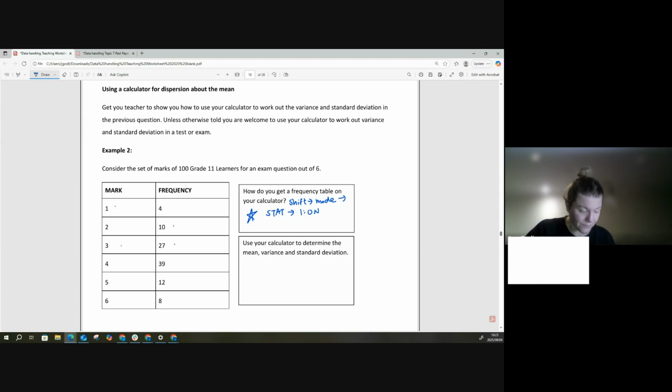Now we're going to do what we need to do for our standard deviation and all those good things. So now you can just go Mode, and then click on Stat. For me it's number 3, but it must be whatever yours is. Then you're going to click on number 1, and you're going to put in all of your X values and your frequency.